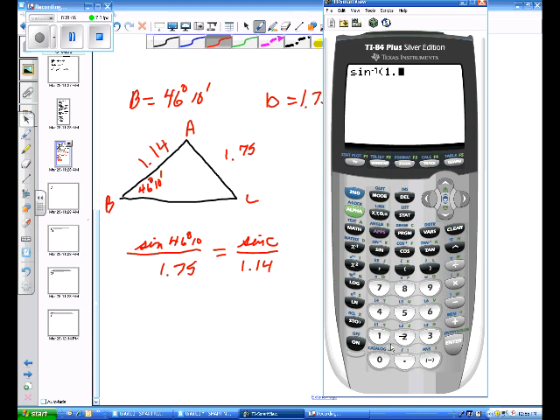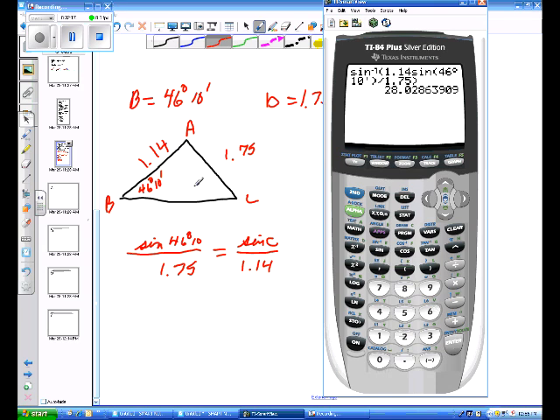So I've got 1.14 sine of 46 degrees, 10 minutes, divided by 1.75, enter. So I get that angle C is 28 degrees.